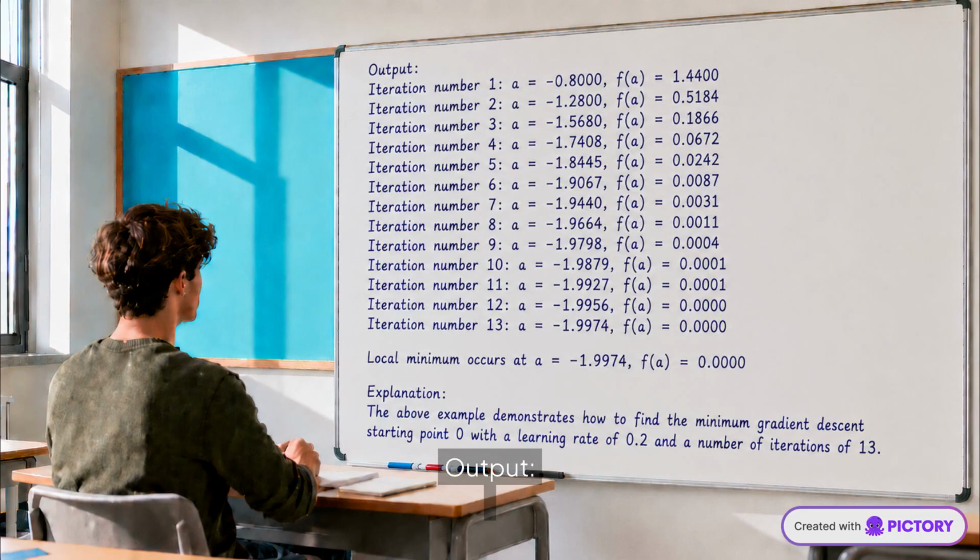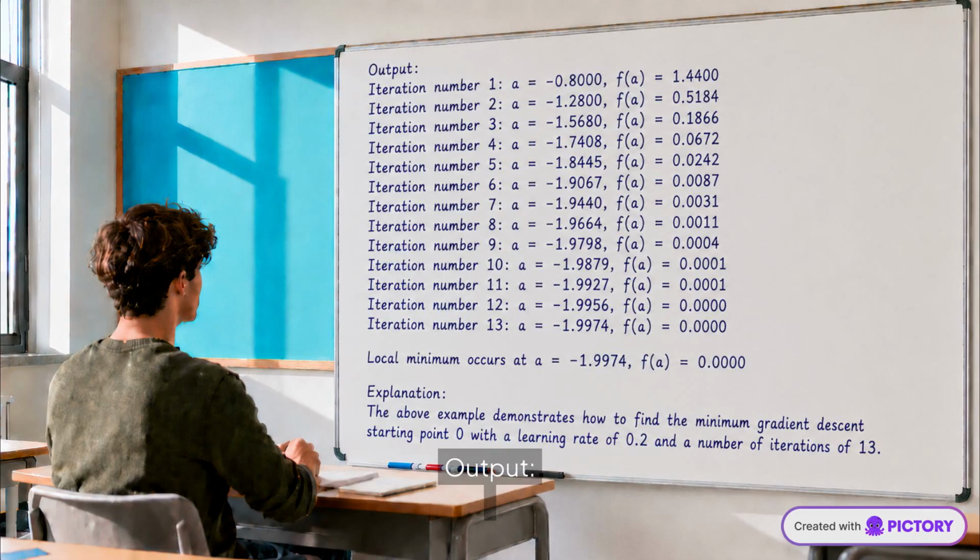Iteration number 4. a equals 1.7408. f(a) equals 0.0672. Iteration number 5. a equals 1.8445. f(a) equals 0.0242. Iteration number 6. a equals 1.9067. f(a) equals 0.0087. Iteration number 7. a equals 1.9440. f(a) equals 0.0031.